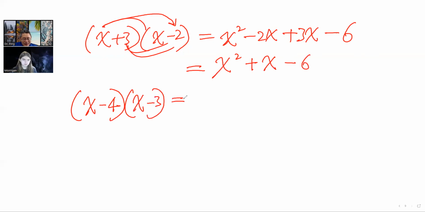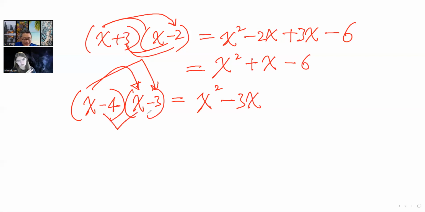See what you have. So x squared minus 3x, minus 4x. Well, negative times negative is positive, so it's add.